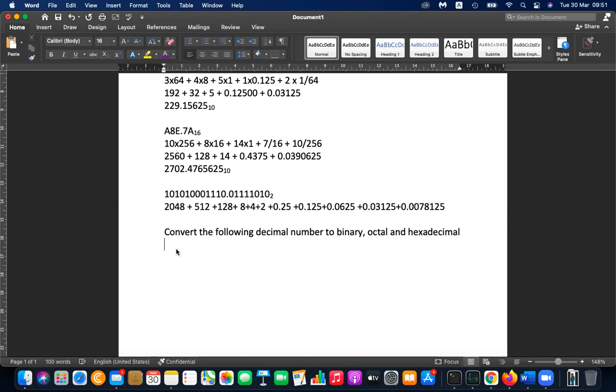Let's say 56, an integer number without a decimal part, in decimal. How are we going to convert this to the other number systems? It's simple. You have to divide by the base continuously and write the remainder. Method: divide by the base and write the remainder.